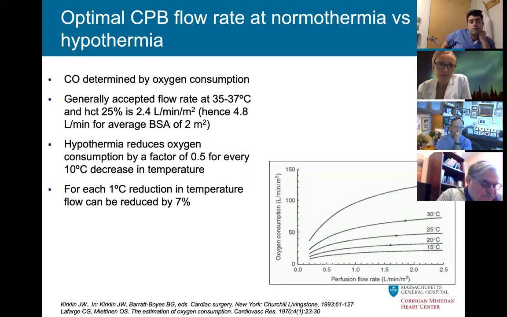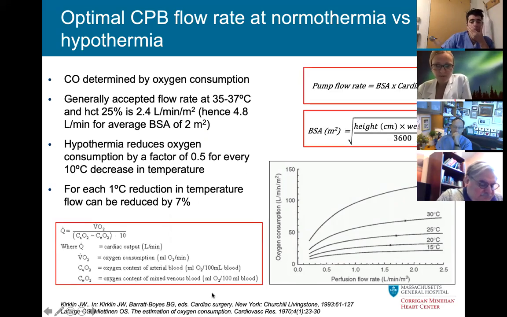Hypothermia reduces oxygen consumption by a factor of 0.5 for every 10 degrees decrease in temperature. And the way you can think about this is for every degree of reduction in temperature, you can decrease your rates by 7%. This is based on the published data, which is shown here, which is exactly illustrating this with your reference down here.